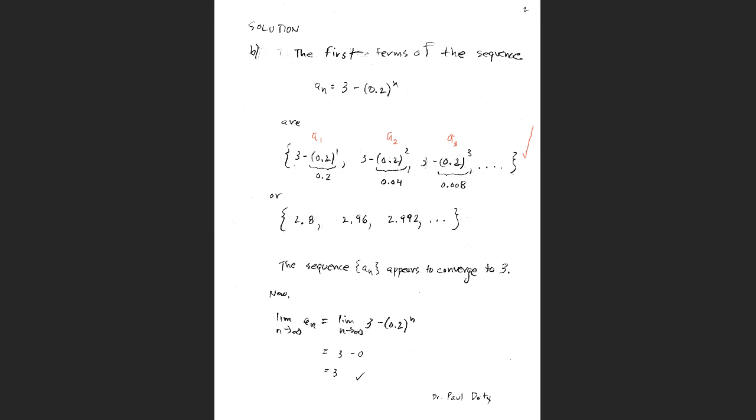What seems to be happening to this portion of the sequence as n gets larger? Looking at the values here, 0.2 to the nth power is going 0.2, 0.04, 0.008. That 0.2 to the nth power appears to be approaching what as n gets large?